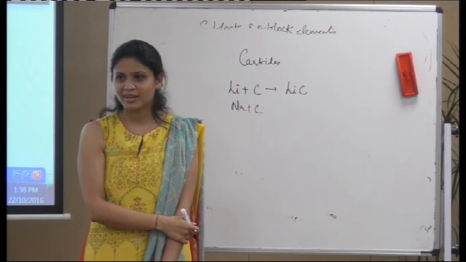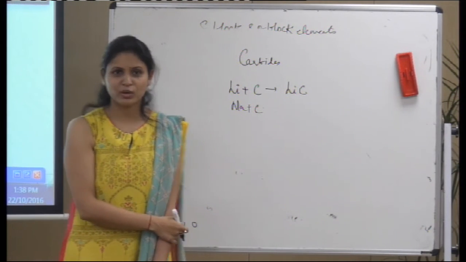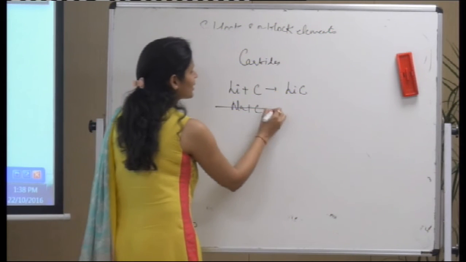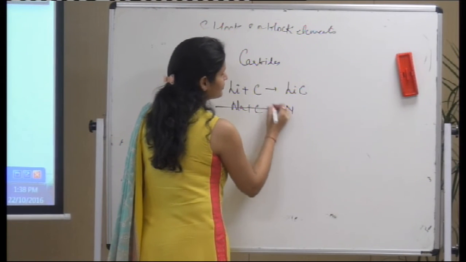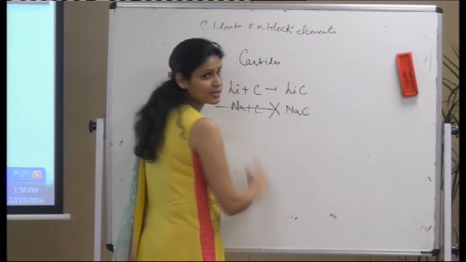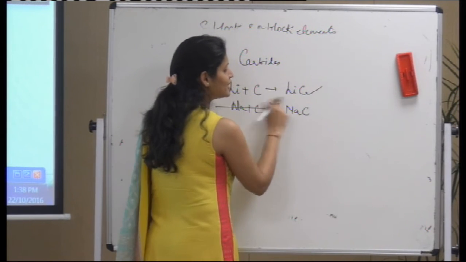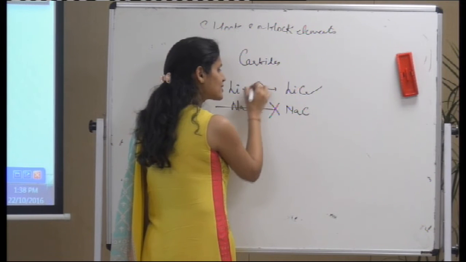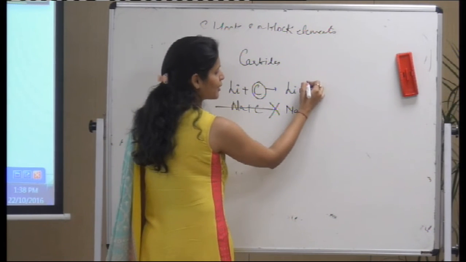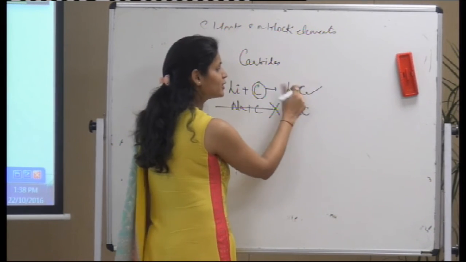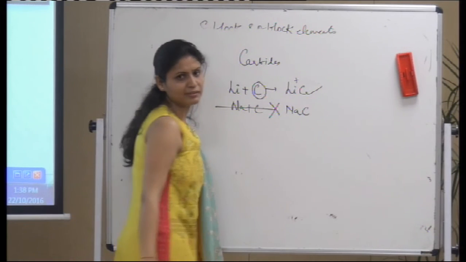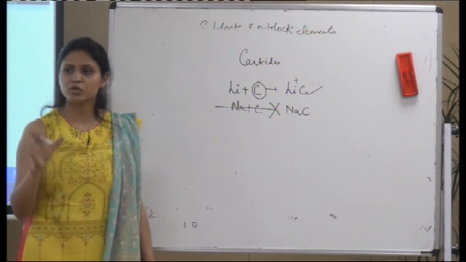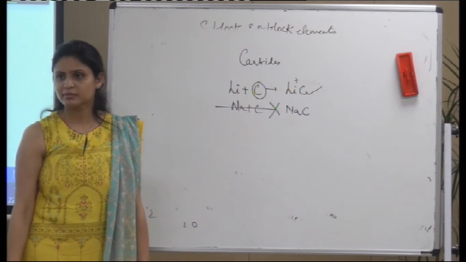Would they? No, they will not combine with carbon to form carbide. Only lithium can combine with carbon to form carbide, because this carbide is a smaller entity, similar to the lithium ion, and hence their bonding would go well. Okay.